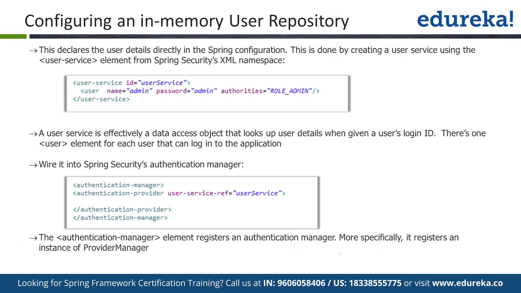So configuring an in-memory repository is simply extracting that user service, providing the ID, providing the users separately, and then using authentication provider and user service ref, you can integrate that into your provider. And then the authentication manager element registers an authentication manager. More specifically, it registers an instance of a provider manager. And the provider can be your in-memory database or LDAP or any other.